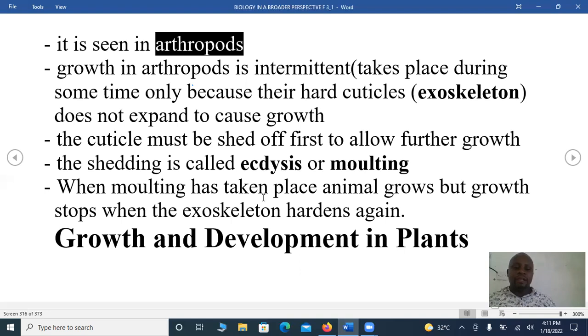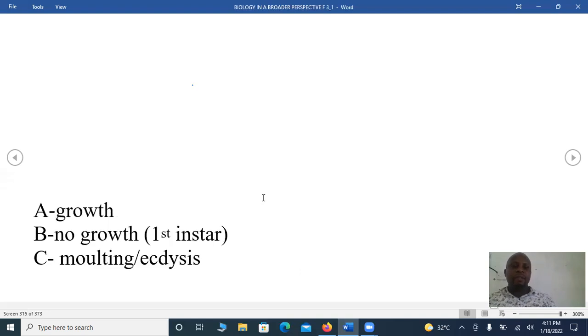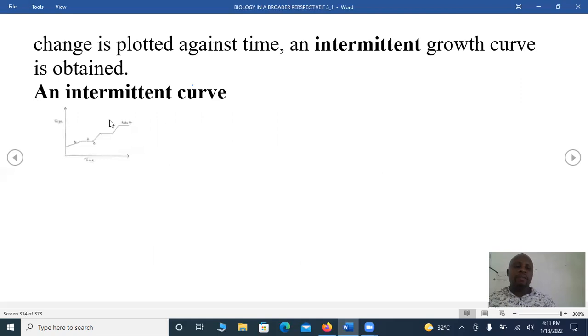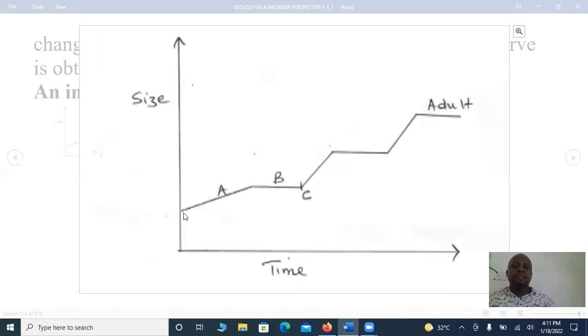So we have seen that in arthropods, this type of growth curve, which we call intermittent, is evident. At zone A, there is growth because the exoskeleton is soft, hence it allows expansion of the organism. Then at point B, there is no growth because the exoskeleton from this point to this point has hardened.